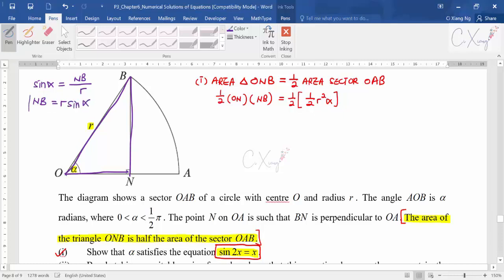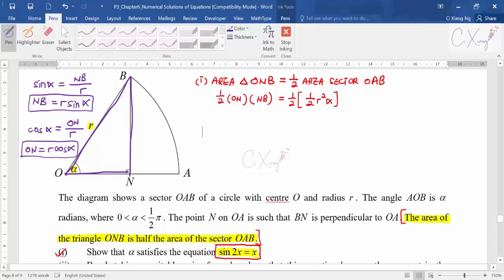You are going to substitute this into your steps later. Referring to the same triangle, cos alpha is ON divided by R, so ON is equal to R cos alpha. Again, I will substitute this into my solution later.